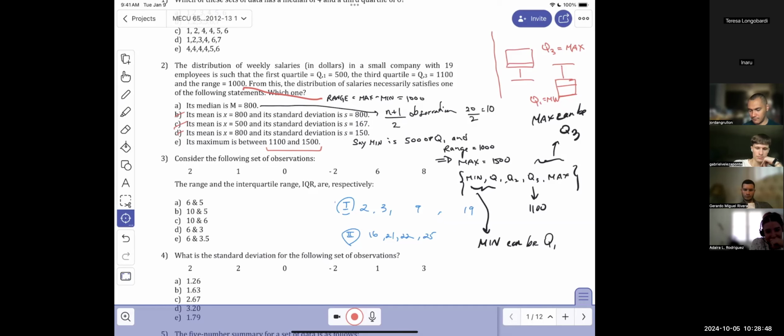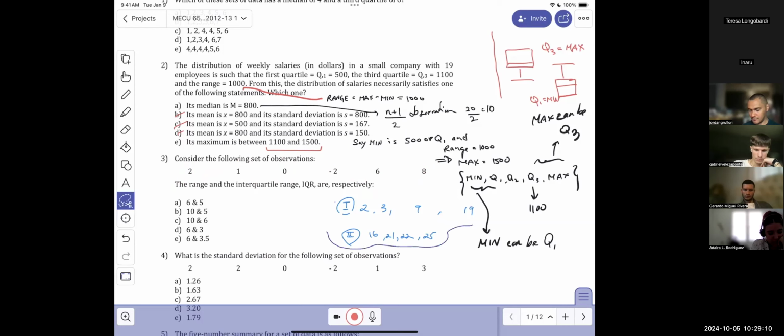All right, let's do the next one. Where's my list? Okay, so we did number 2. Let's look at number 3. Considering the observations, the range and the interquartile range are respectively, okay, for this one, just put them in order. They're not in order. That's the kind of trick.